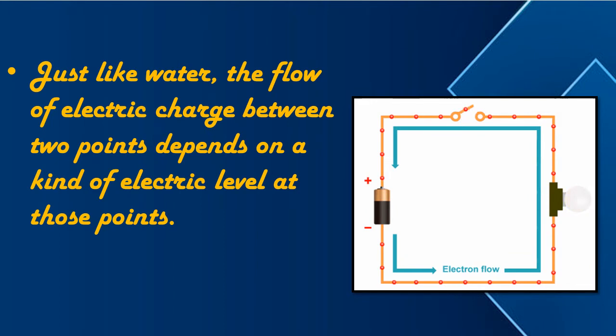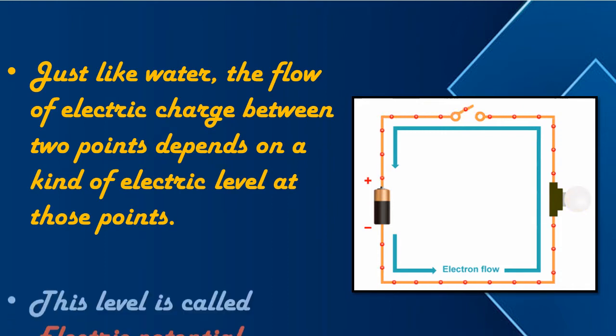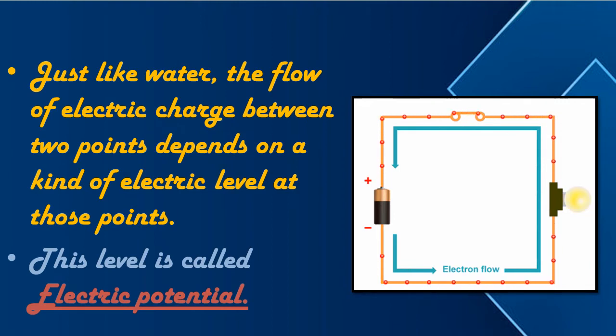In the same way, electric charges will flow from a level of higher concentration to lower concentration, and this level is called electric potential. I hope you all are clear about electric potential.